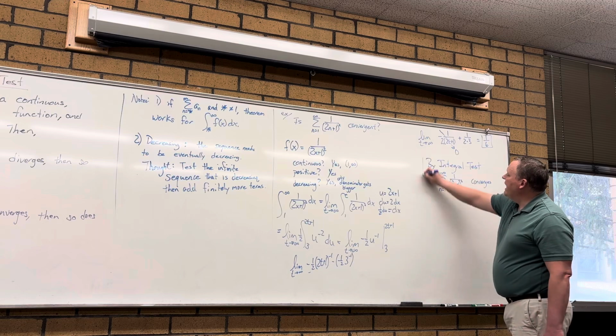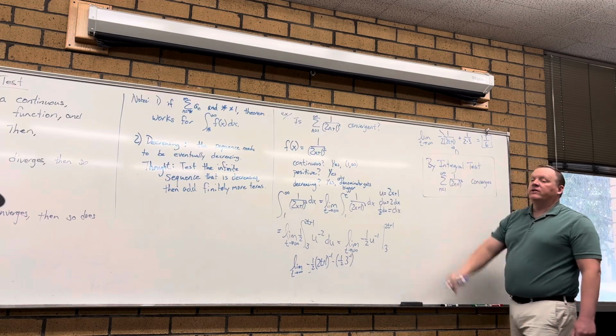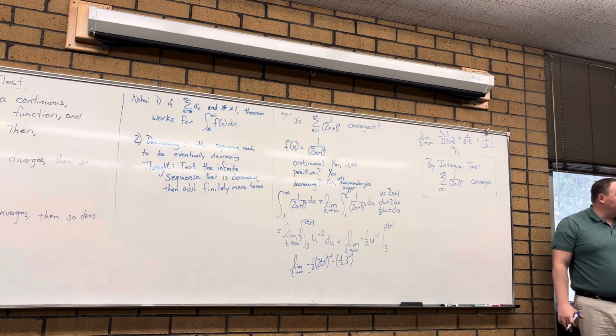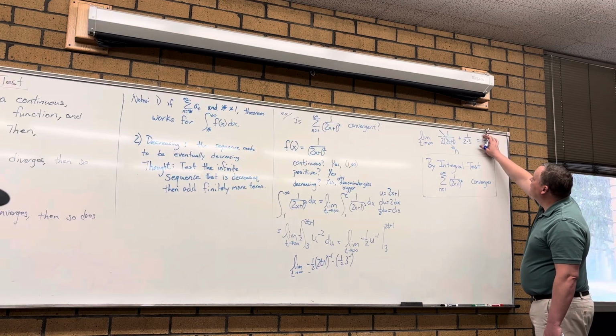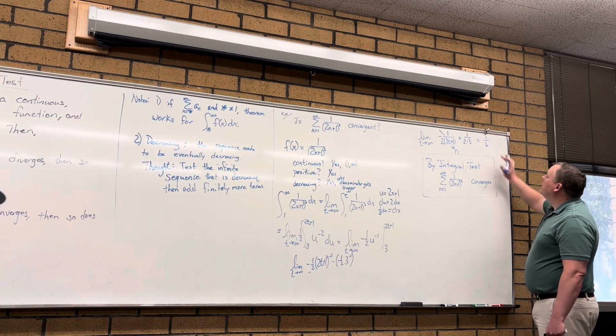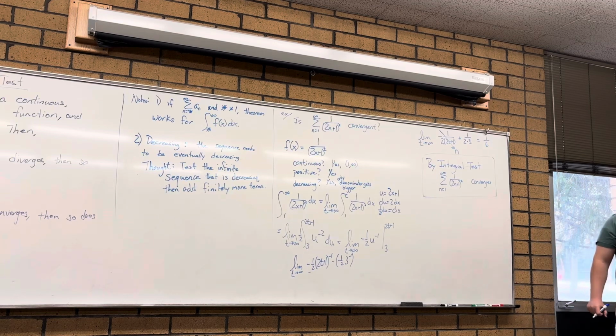We weren't really asking about the integral itself. We found that the integral goes to 1/6. That's not really our answer. That's what the integral does. And because the integral converges, then we know that the series converges as well. And that's what we're really asking about.